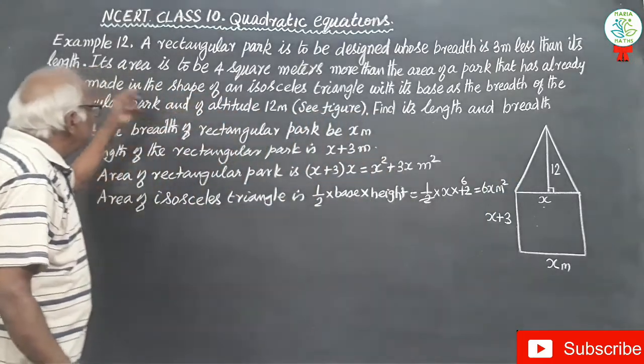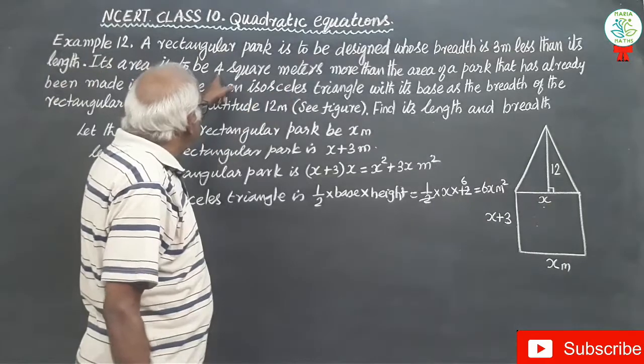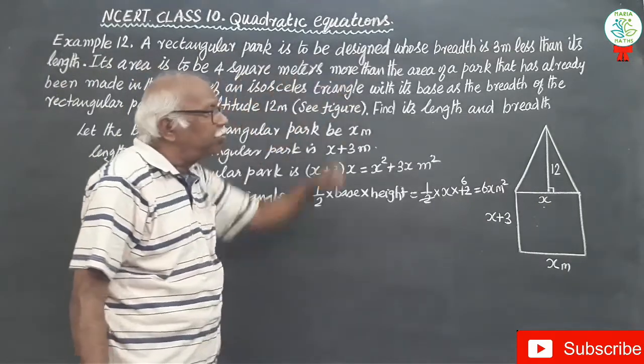But it is given that the area of the rectangle is 4 square meter more than the area of the triangular part.